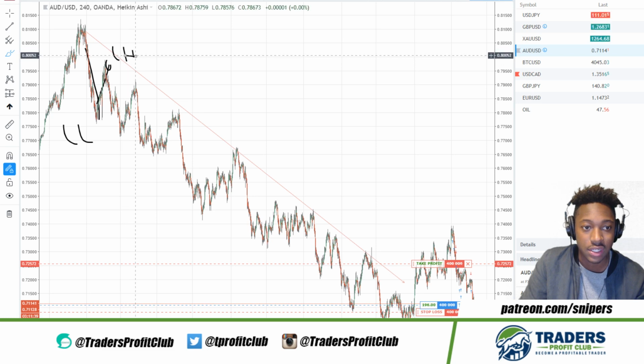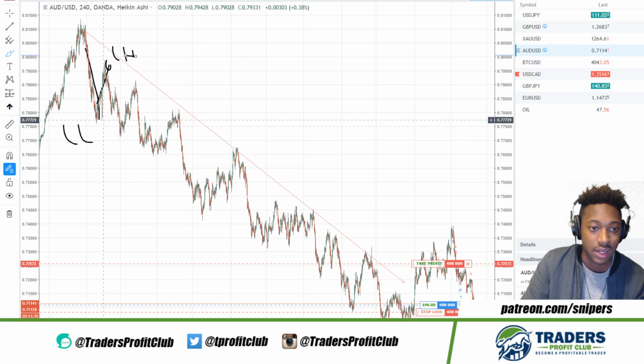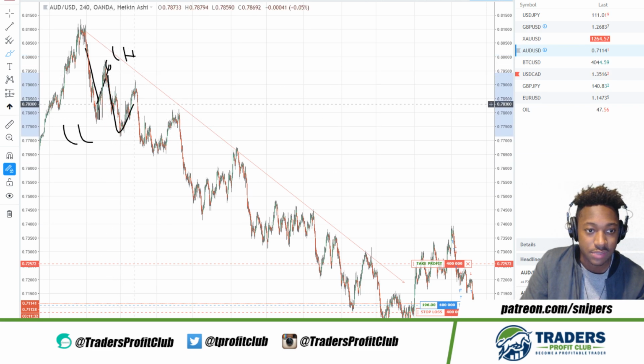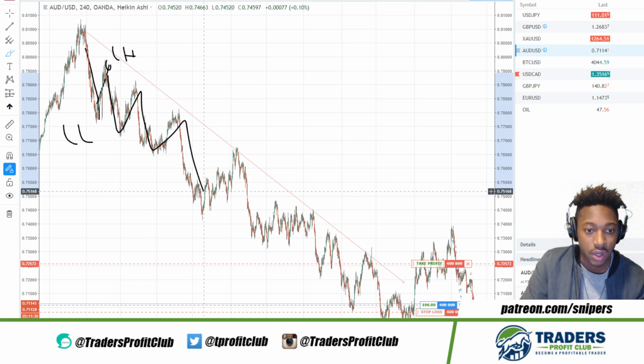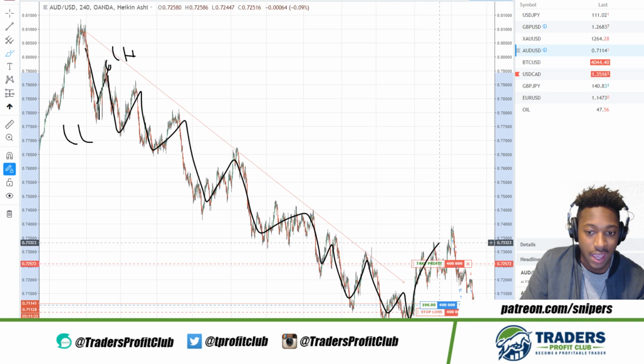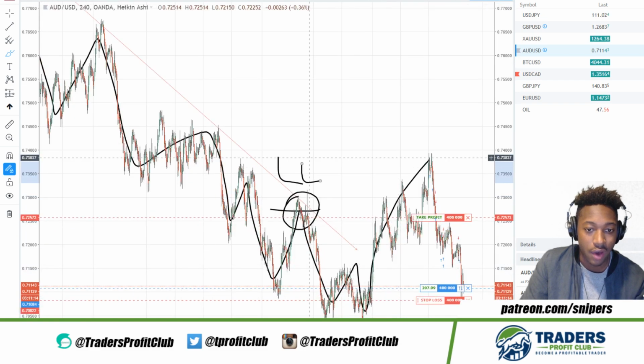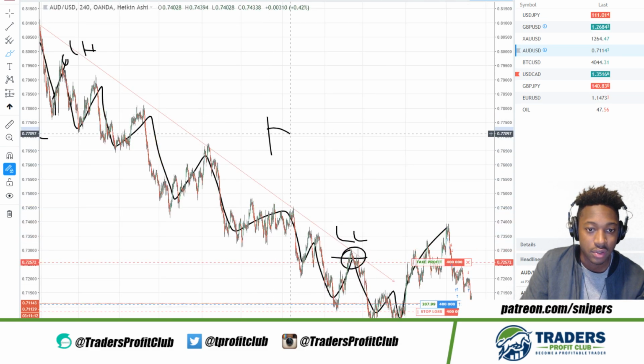The opposite of this is a higher low and a higher high, but we'll go over that in another section. So you can see price makes a lower low, lower high, lower low, lower high, and so forth, and then it makes a lower low, and then a higher low, because it breaks this previous lower low. So price broke out of this downtrend.